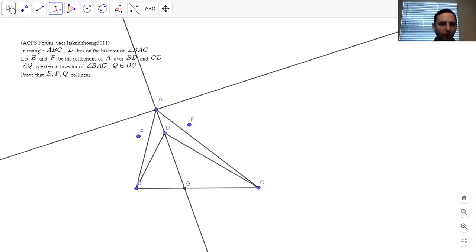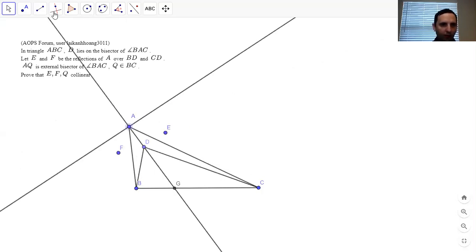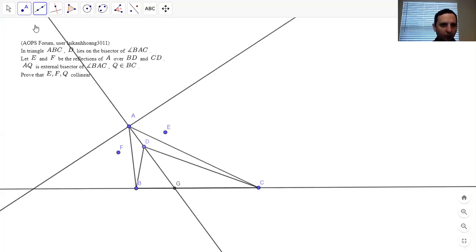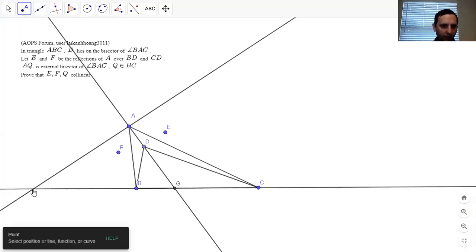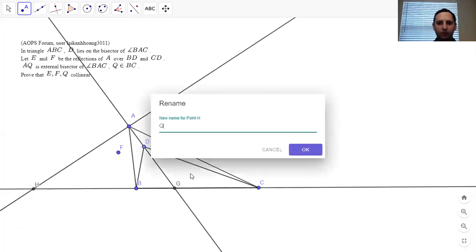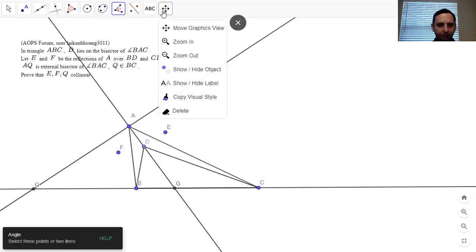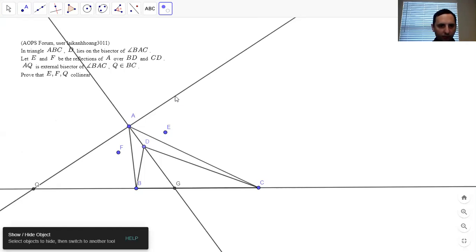Okay, so Q is on BC. Okay, so we want to extend BC, and then we want to show EF and Q are concurrent. So B, G, Q, and C are in harmonic conjugation. Let me hide a couple things.